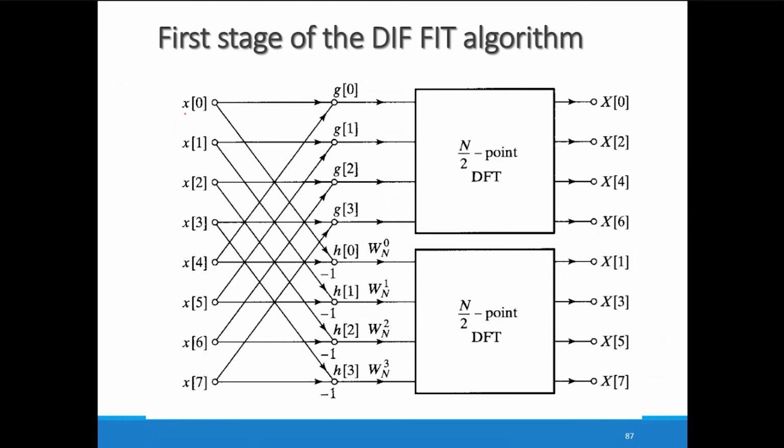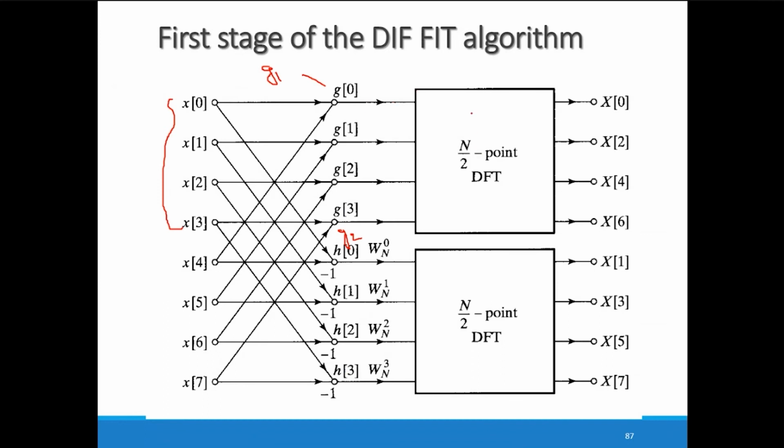Let me say these terms are nothing but G1 terms, G1 0, G1 1, G1 2, and these H terms are nothing but G2 0, G2 1, G2 2, and G2 3. Then we apply the n by 2 point DFT.